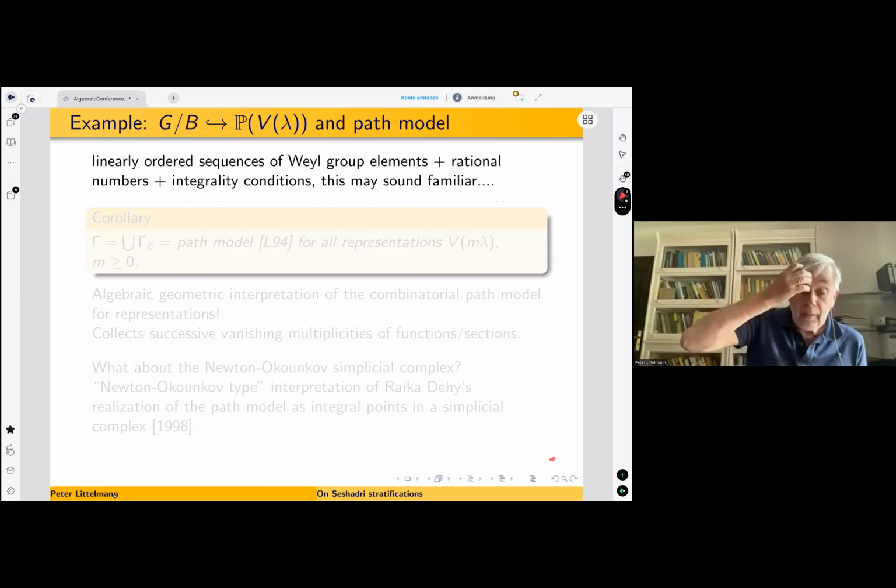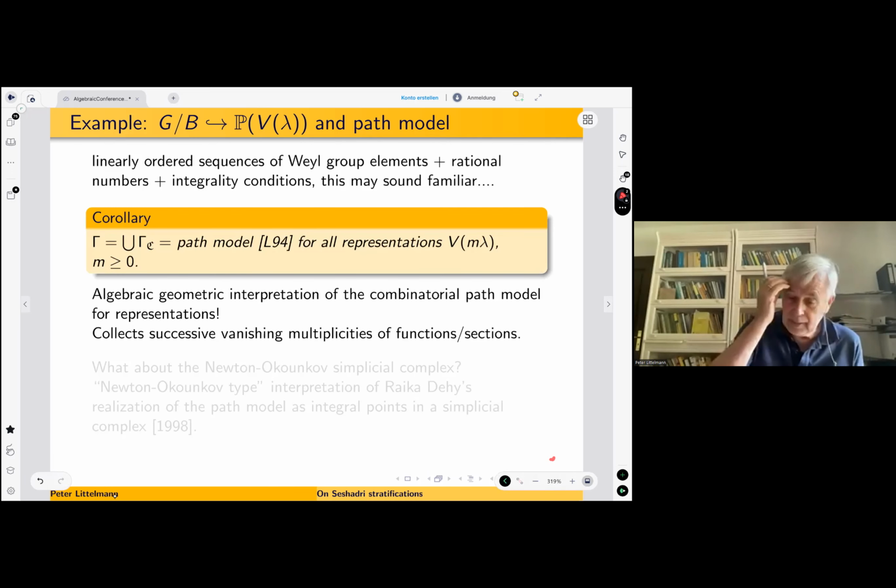One or the other may remember that linearly ordered sequences of Weyl group elements plus some rational numbers and some integrality condition was something which I was talking about 30 years ago when I presented the path model for representations.